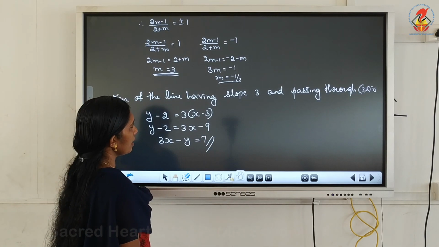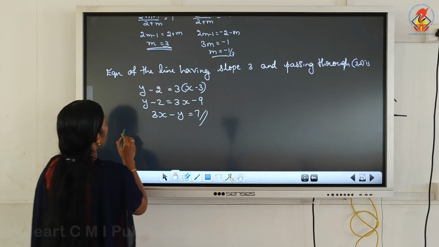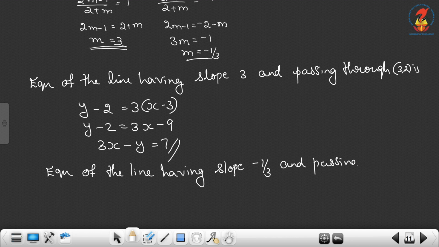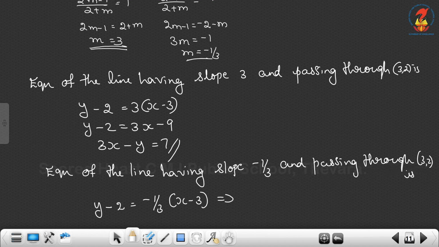Now the second equation is the equation of the line having slope minus 1 by 3 and passing through the same point, (3, 2). y minus y0, y minus 2 is equal to minus 1 by 3 into (x minus 3), or cross multiply, 3y minus 6 is minus x plus 3, or we can write x plus 3y is equal to 9.